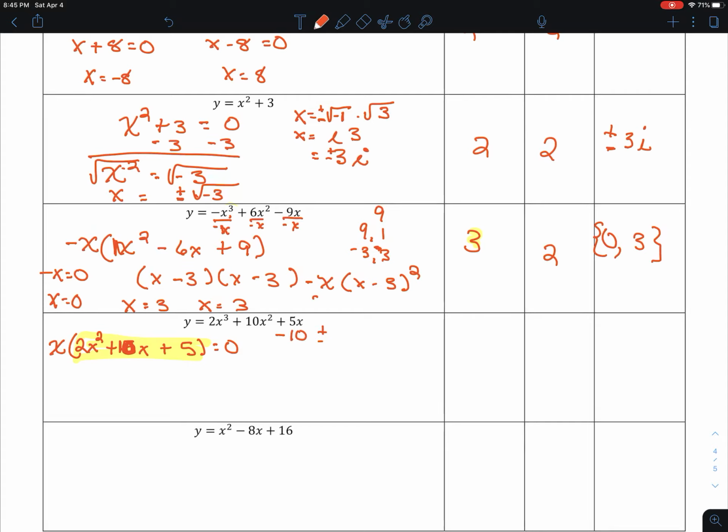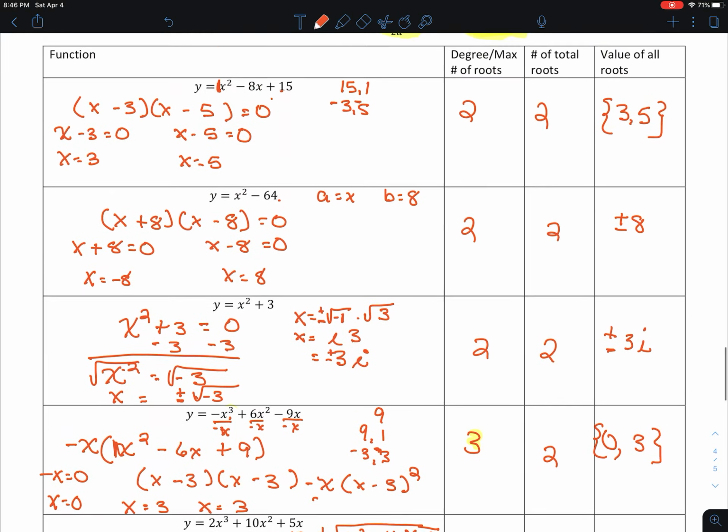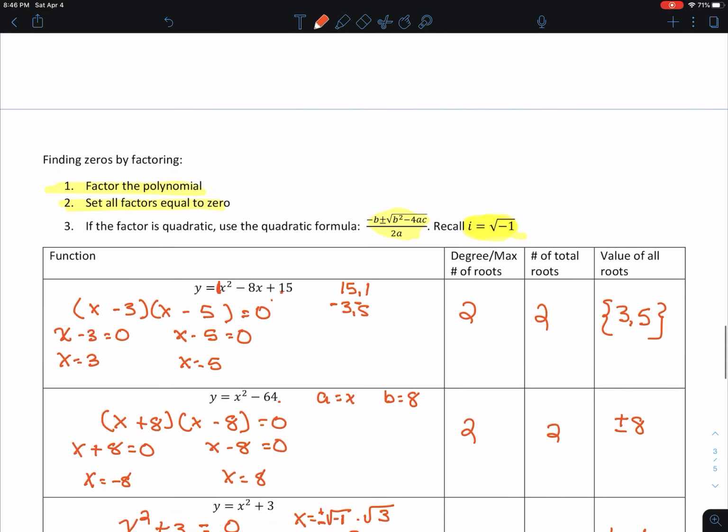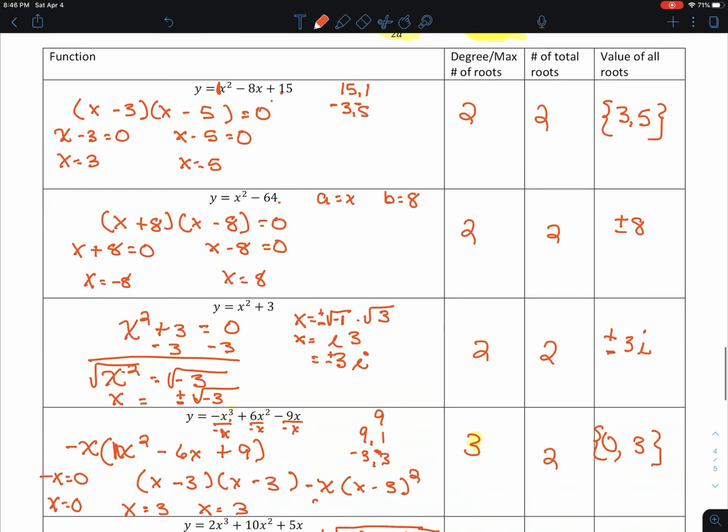So using the quadratic formula, we get negative 10 plus or minus the square root of 10 squared minus 4 times 2 times 5, all divided by 2 times 2. Where am I getting these numbers from? I'll show you in a second. If we recall from here, this is the quadratic formula.